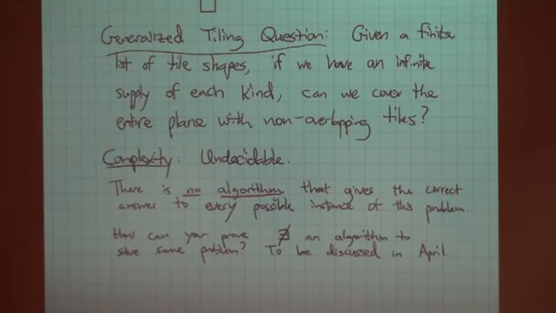So this phenomenon of undecidability exists not just in the realm of puzzles about tiling the plane, but also in the realm of checking whether a program satisfies a property, checking whether a program will ever halt, whether it'll ever overwrite a protected segment of memory, things like that. And so the very same methods that can be used to resolve the complexity of this generalized tiling question also imply that there are many important objectives in computer science, especially in program analysis, that can never be resolved by algorithms.